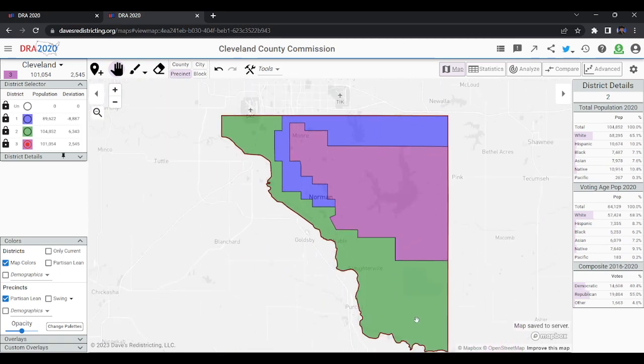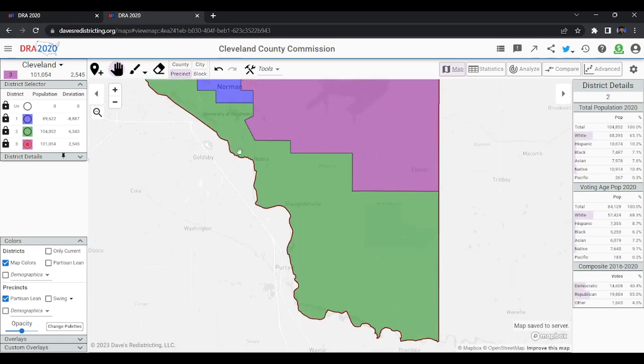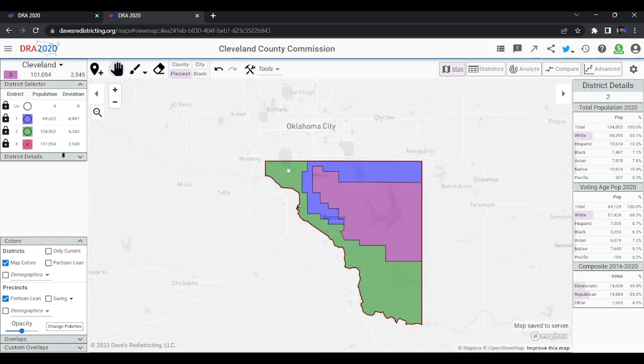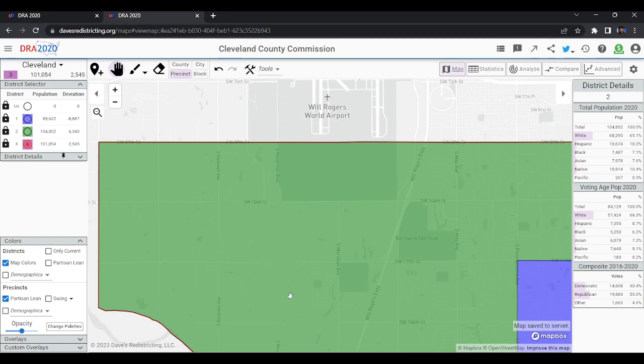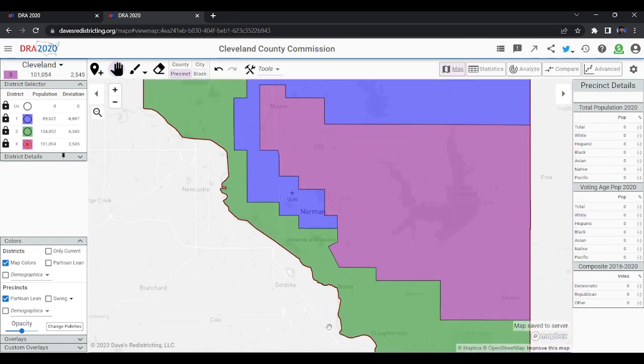And then the last one, this big district here, goes all the way from southern Cleveland County, Slaughterville, McKinneyville, Lexington, all the way up to the Oklahoma City Airport. For some reason.